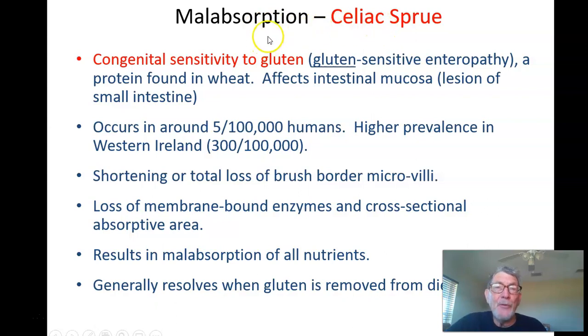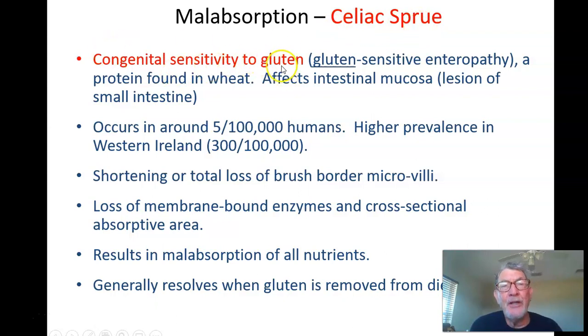There are a couple of other things, though, that are responses to something that your body doesn't handle well. Celiac disease, or celiac sprue. Sprue just means like stomach upset, okay? Celiac or celiac sprue is gluten sensitivity.